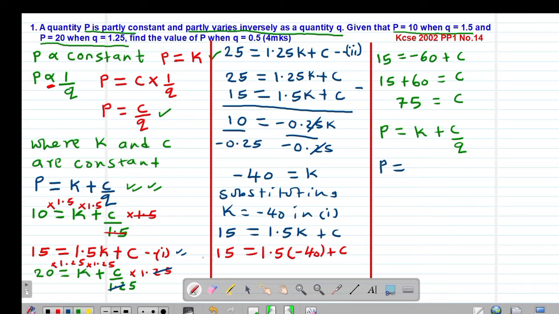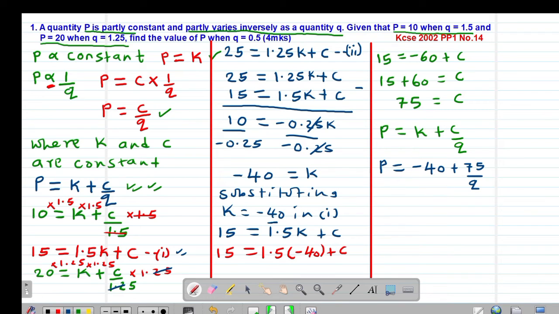My value of k is negative 40, so this is negative 40. Then of course I'm going to add the value of c, which is 75, then of course divided by q. So this is the equation connecting p and q.